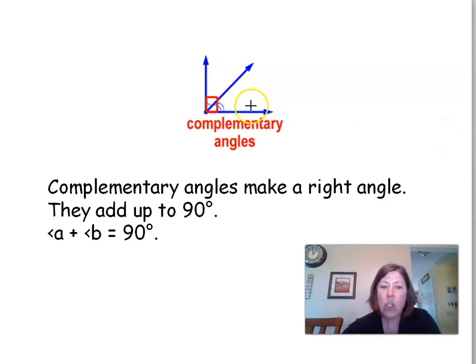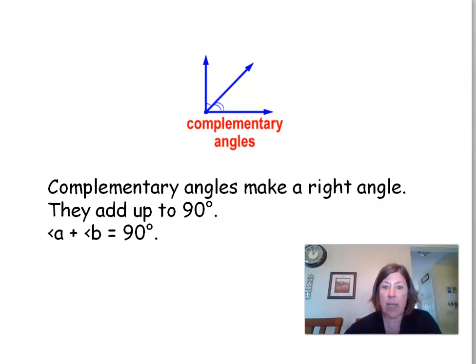So those two angles together form a right angle. So complementary angles make a right angle. We know that a right angle is 90 degrees, so that means those two angles add up to 90 degrees. So angle A plus angle B is going to equal 90 degrees.